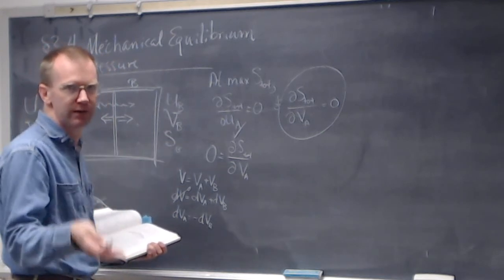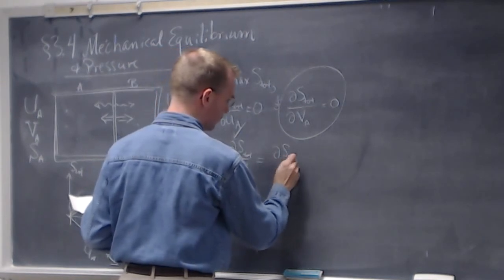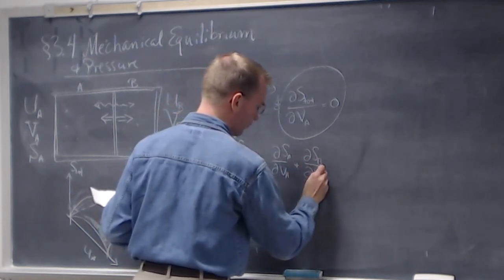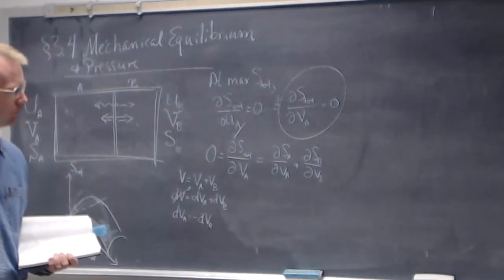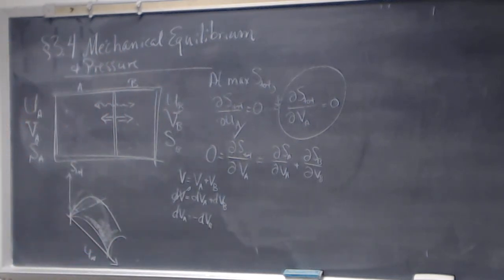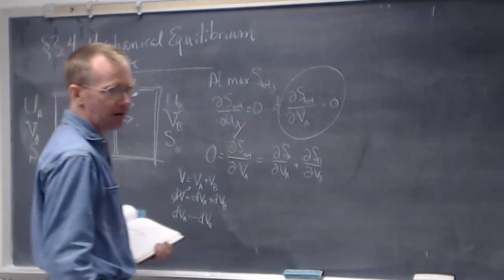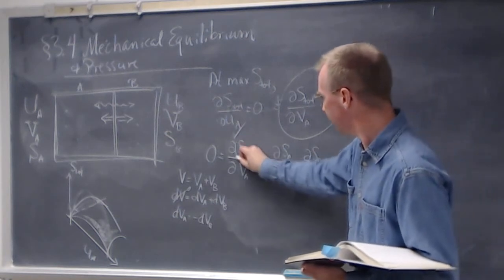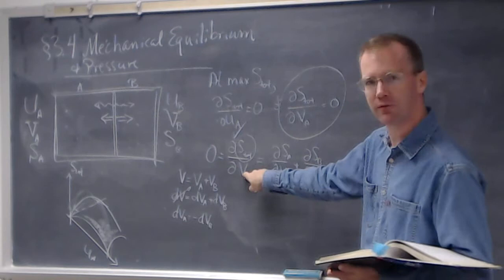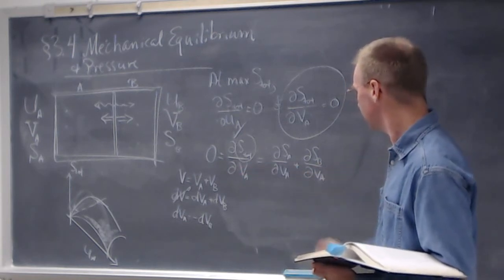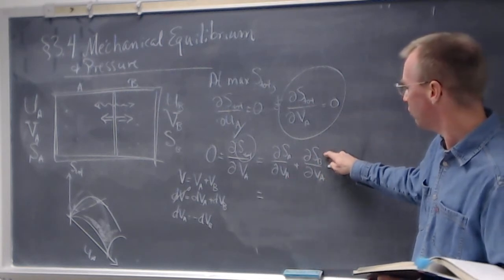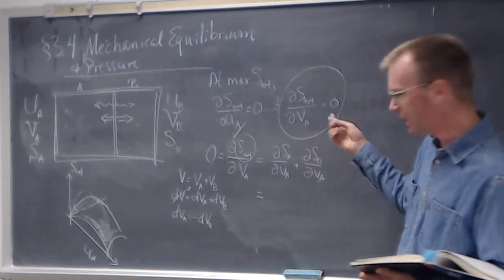Also, S total is SA plus SB, so we can expand this. Oops, I made a mistake right here. I just expanded S total into SA plus SB, so it's still going to divide by dVA in both cases. But dVA is negative dVB, and it's kind of awkward to take the derivative of the entropy of B with respect to volume of A, so let's switch that around.